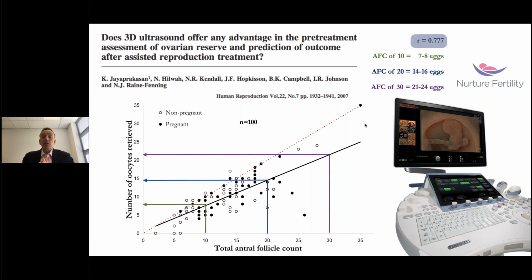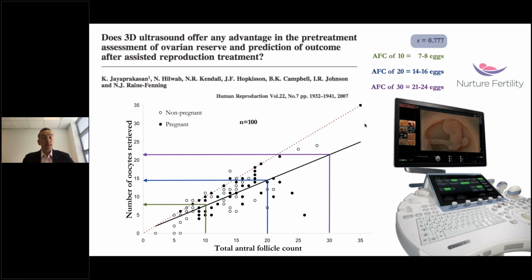Now, of course, we can modify this. If I've got a patient with a follicle count of 10, I can maximize my protocol and drug dosage to try and make sure I have 100% yield. If I've got a lady with a follicle count of 30, I could modify my response to try and get a yield of 50%. So we talk a lot about ovarian reserve. What we really need to focus on moving forward is ovarian response. And what is that percentage number that we want? Do we want 100%? Do we want 25%?